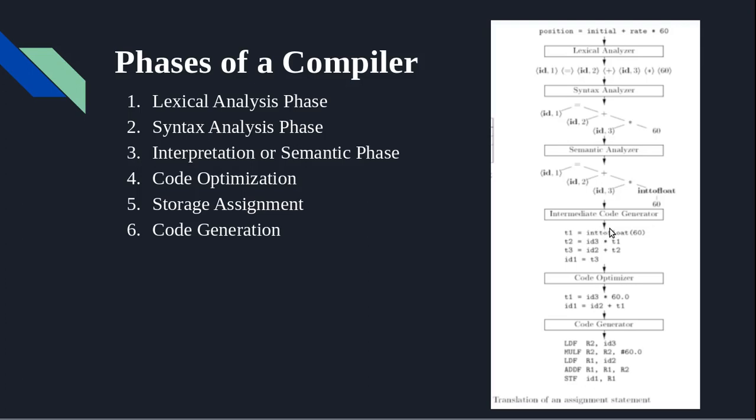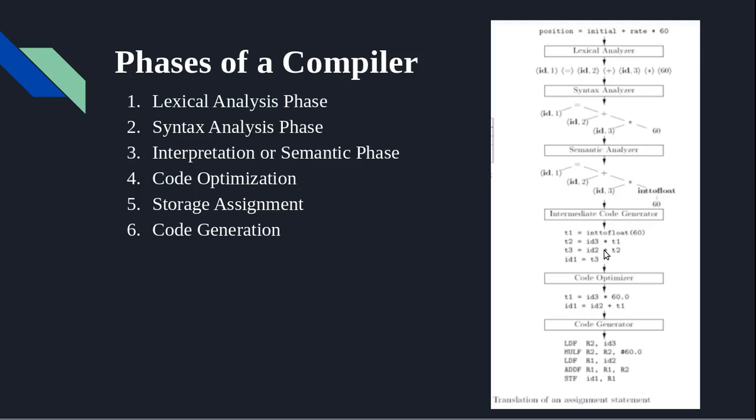Intermediate code generator means the entire program will be represented in an intermediate form. Before converting directly into the target machine code, it will create an intermediate code representation after the semantic analysis.